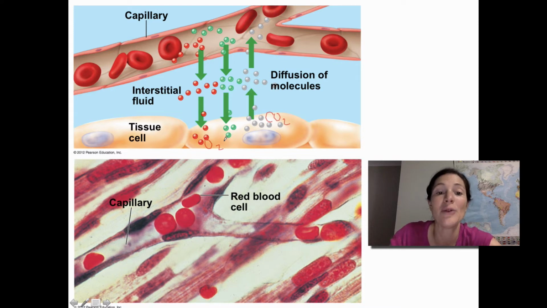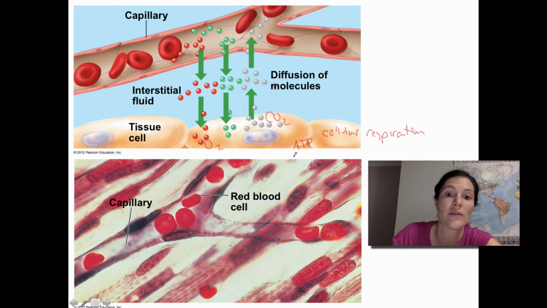And I know that a lot of you learned about this in ninth grade, but essentially what you have in your cells is crucial. It's essentially why we have a circulatory system and a respiratory system. So this is the process of cellular respiration. Your cells, whatever they're doing, are going to need ATP, which is a cellular molecule that you can use for energy.